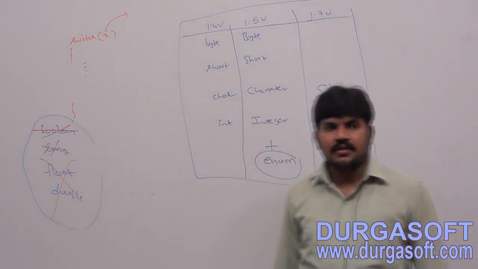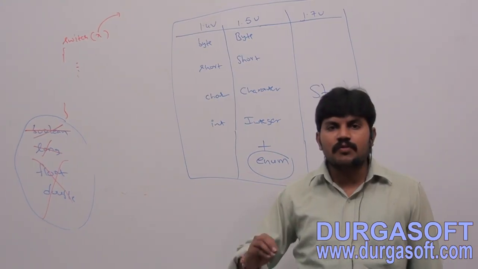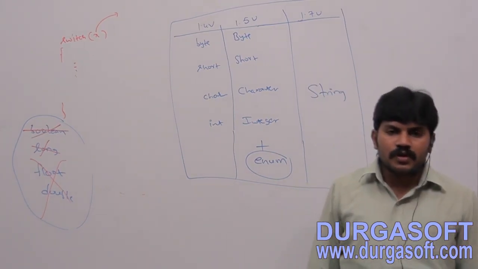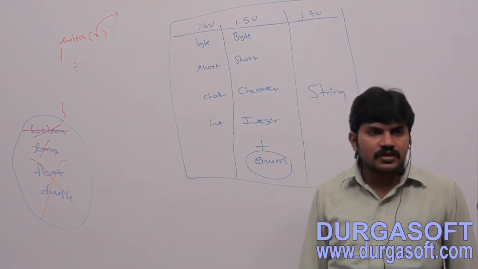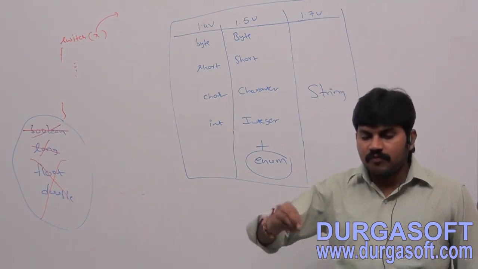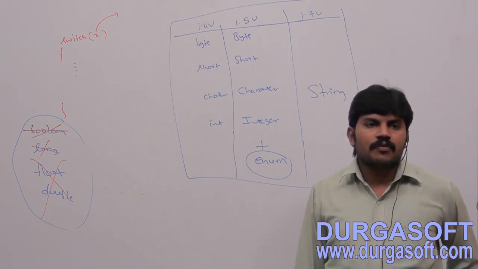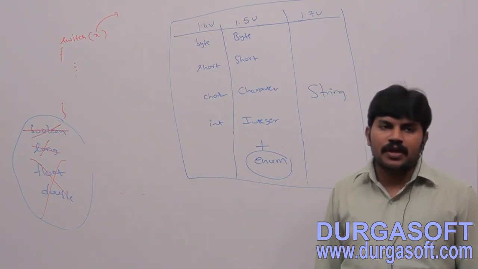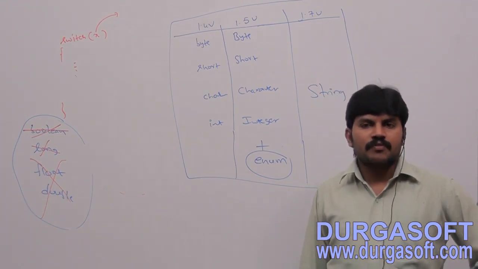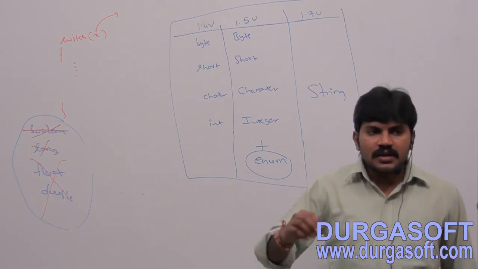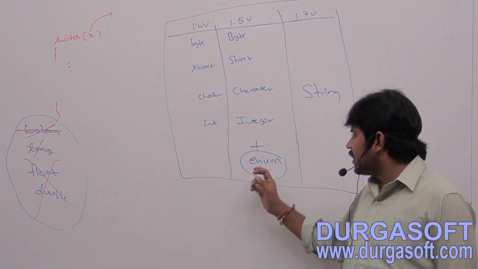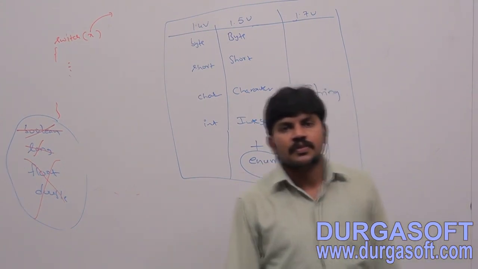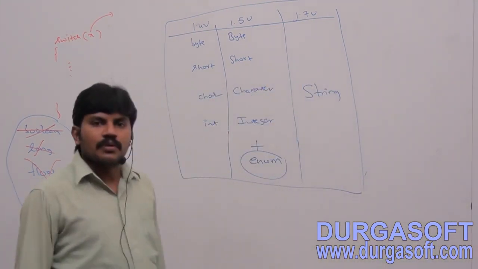But from the 1.5 version onwards, the corresponding wrapper classes and enum type are also allowed.